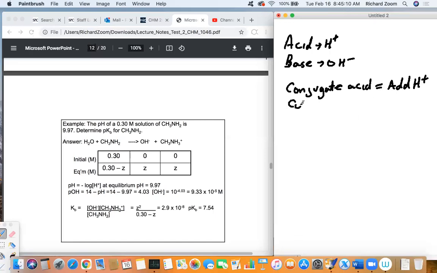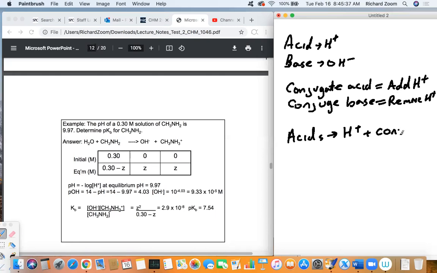And then to get a conjugate base, we remove H plus. So why have I introduced those two terms? Well, that's because acids generally give H plus plus a conjugate base.